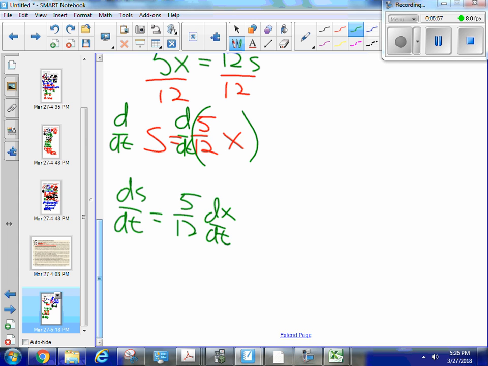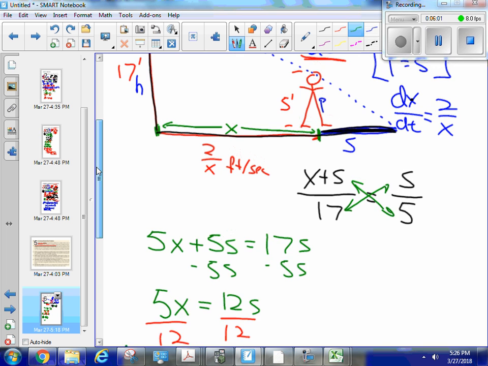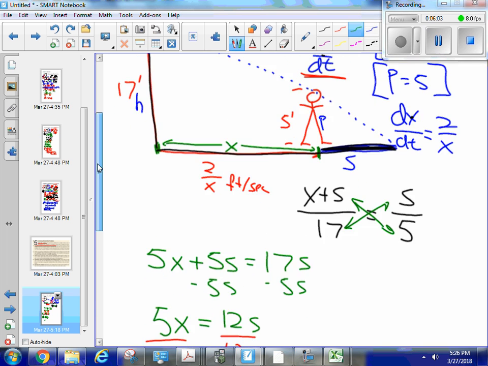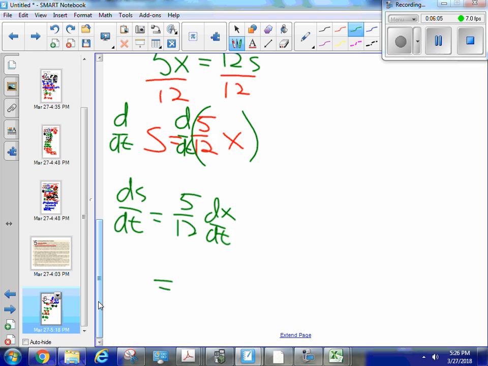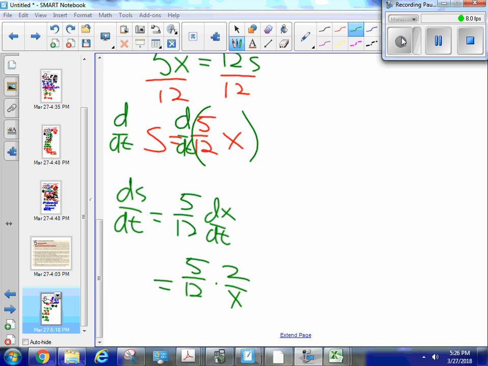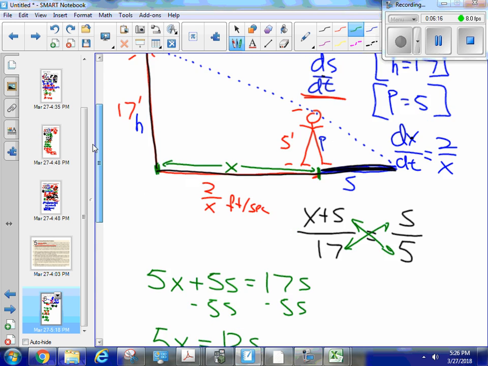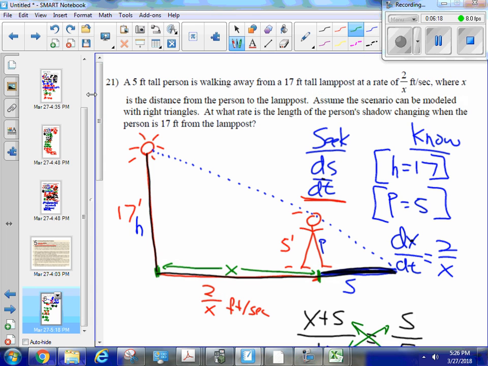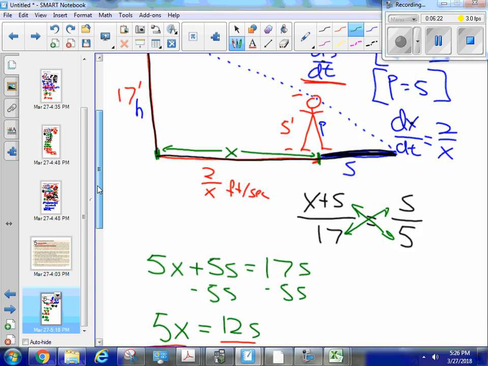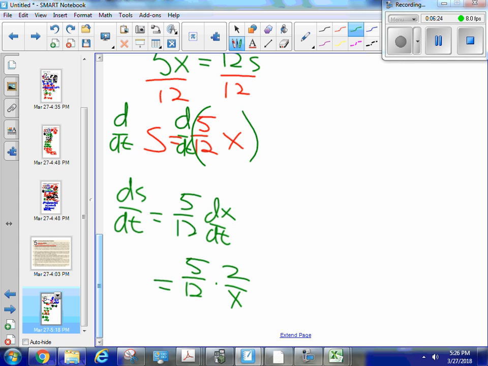Well, I know dx dt. dx dt is 2 over x. So I have 5/12 times 2 over x, and as it says in the problem, I want to know when the person is 17 feet from the lamppost. So I know what x is.